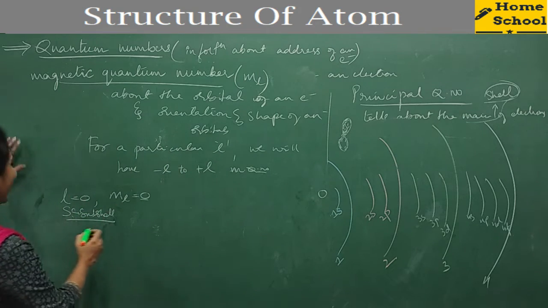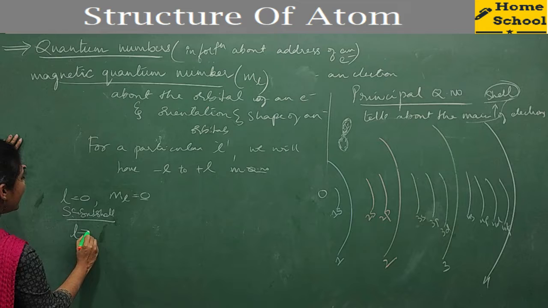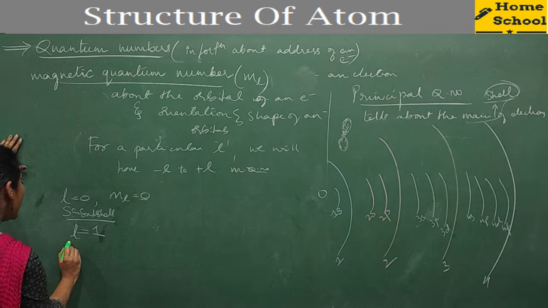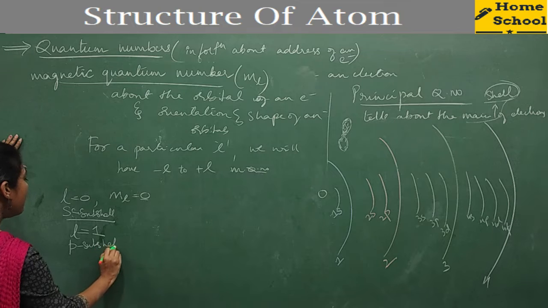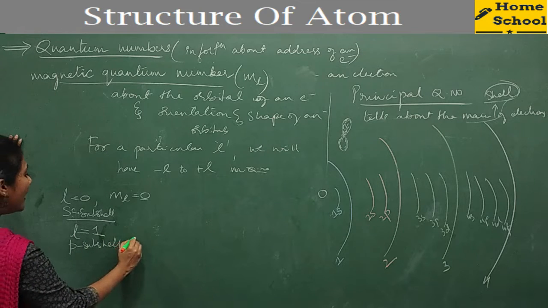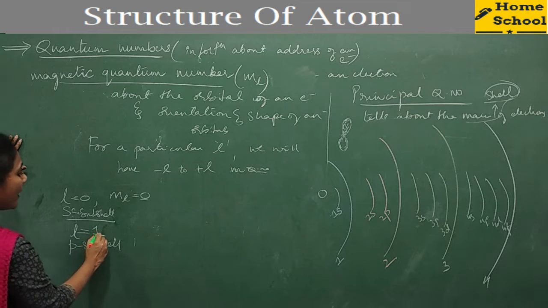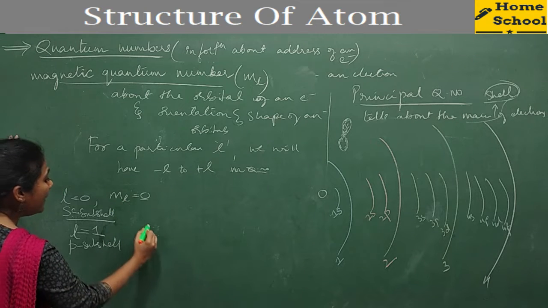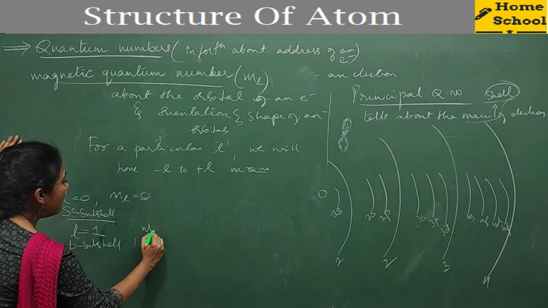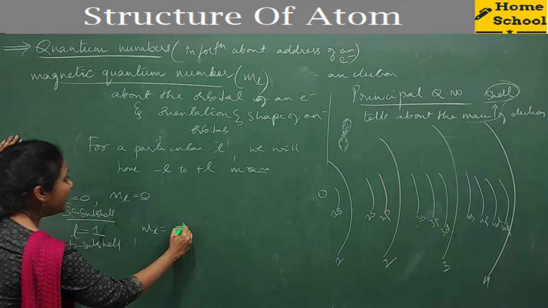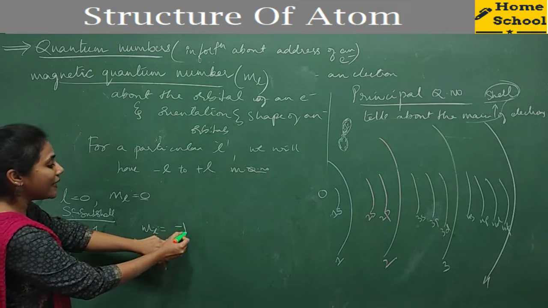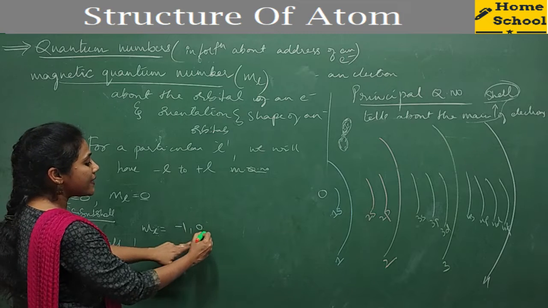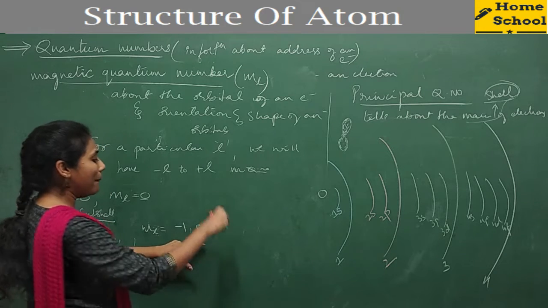Fine. Okay, and now L is equal to 1. That means we are talking about the P subshell. So when L is equal to 1, we can have ML values. The ML values here are -1. See, minus L to plus L, you have to write the values. So -1, in the middle you get 0, and also you will get +1.